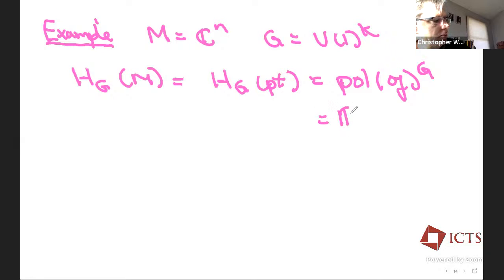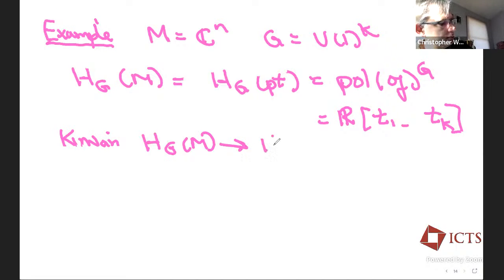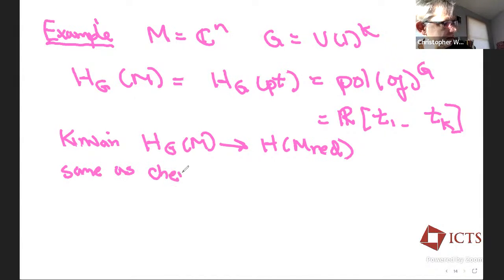So that's just polynomials on the Lie algebra. Let's call them t1 up to tk. Okay, so now I have the Kirwan map, which sends H_G of M to H of M red. But this Kirwan map is the same on these polynomials as the Kirwan map.